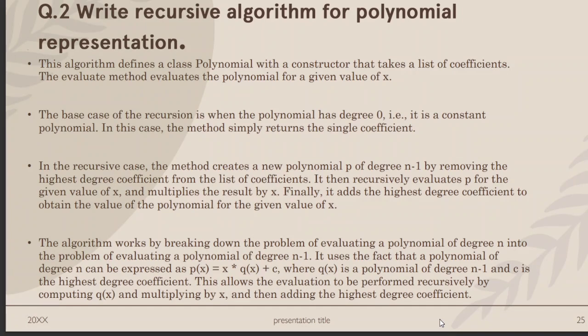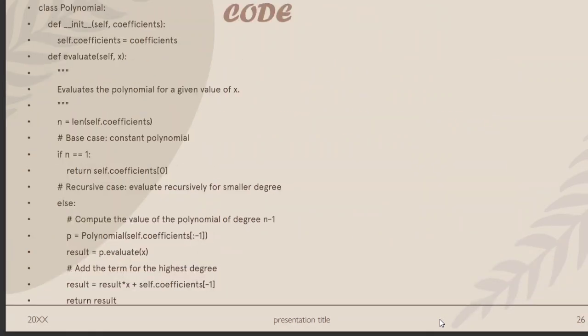It uses the fact that a polynomial of degree n can be expressed as p of x equals x times q of x plus c, where q of x is a polynomial of degree n-1 and c is the highest degree coefficient. This allows the evaluation to be performed recursively by computing q of x, multiplying by x, and then adding the highest degree coefficient. Here is the solution for the polynomial class.